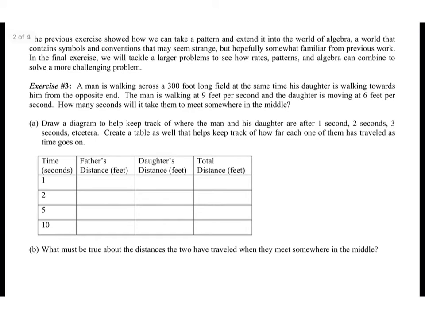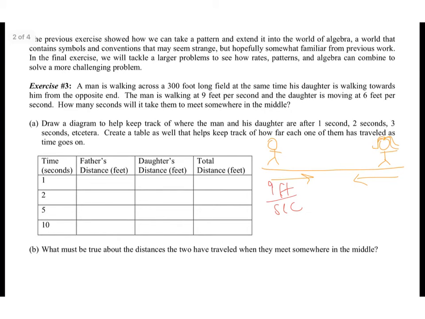So we're going to start by drawing a quick little diagram. So let's say that this is our road and we have one person and the other person and they're walking towards each other. The man is walking 9 feet per second and the daughter, let's make sure we know it's a girl.